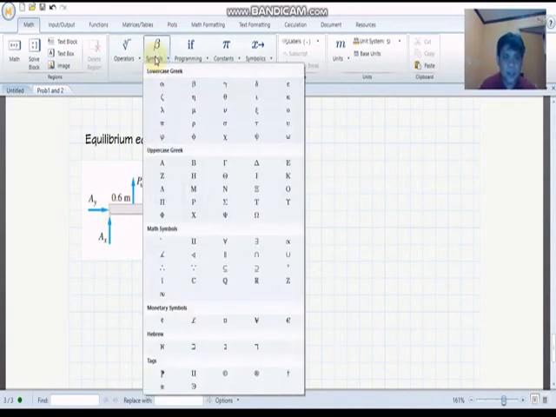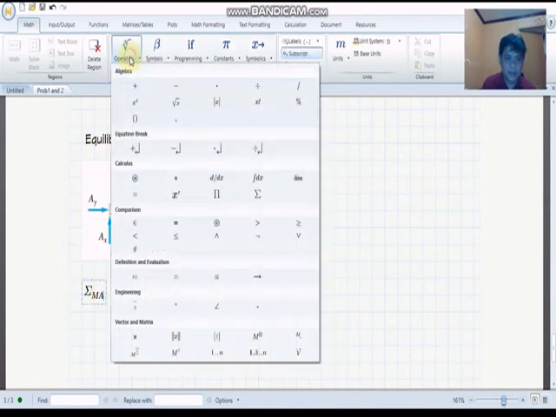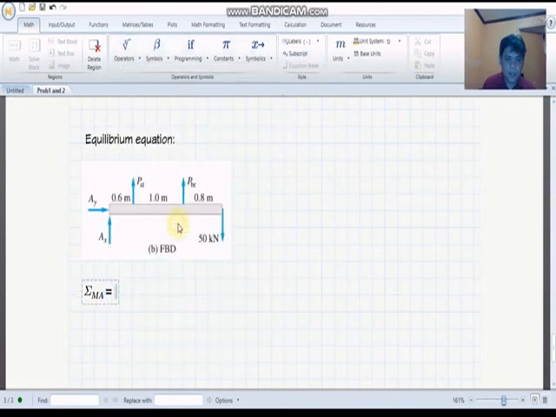Okay, so let's have summation of moment about A. Let's drag it here so that we can have a larger space. Equals, let's say clockwise moment will produce a positive, and then counterclockwise moment will have a negative sign.